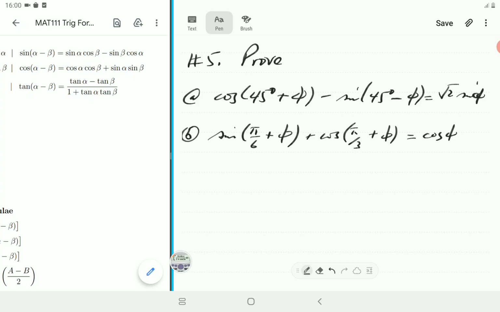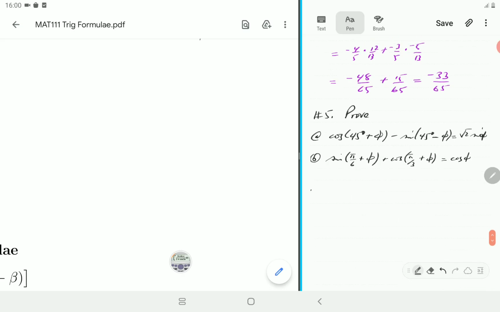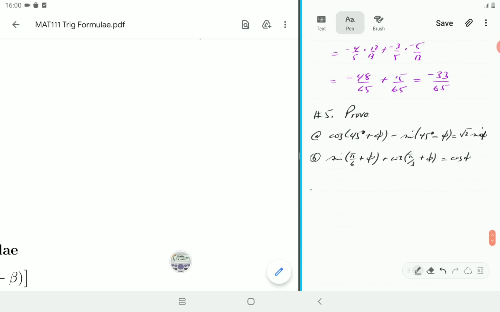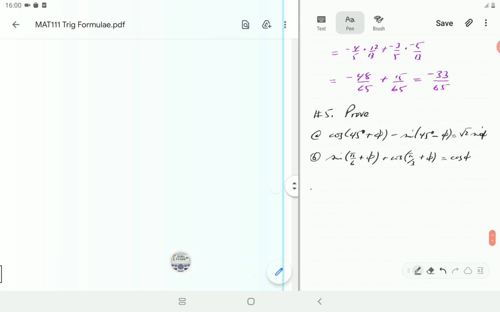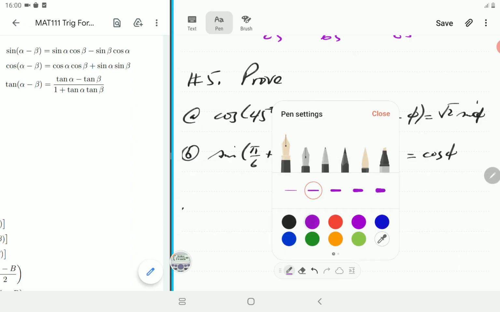We are going to do B and then we're going to give you a chance to have a go at A. So in B we have got sine of pi on 6 plus phi plus cosine pi on 3 plus phi. This we are told is equal to cosine phi.